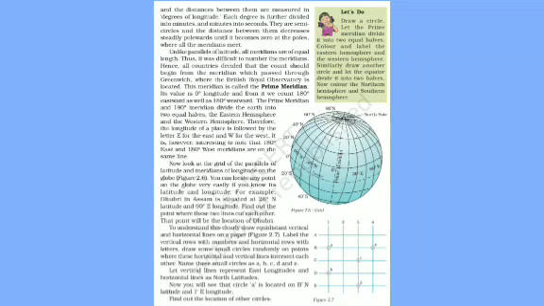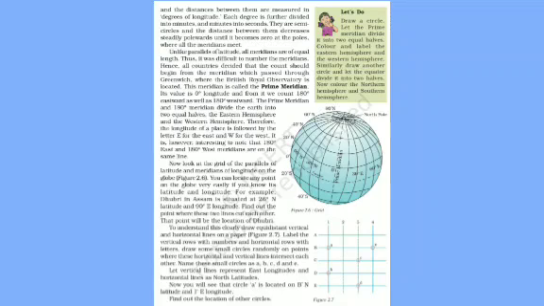Now we will see that the distances between these longitudes are measured in degrees. Each degree is further divided into minutes and minutes into seconds. They are semicircles. In case of parallels, we have seen that they are whole circles, and each one of them makes a circle until we reach the poles.